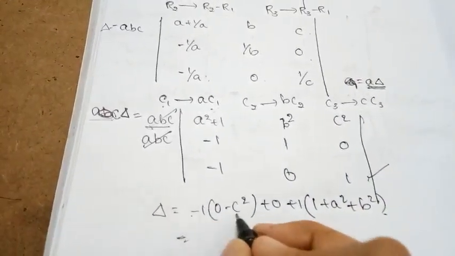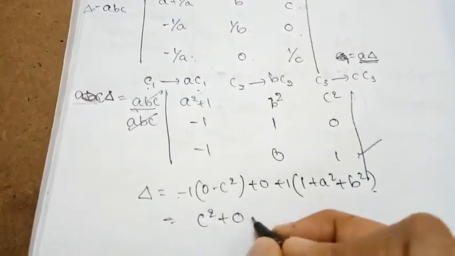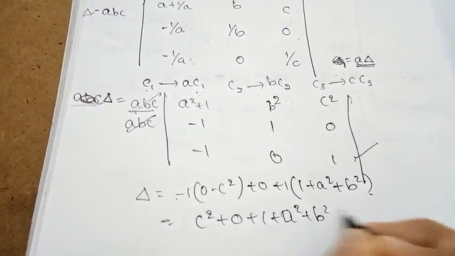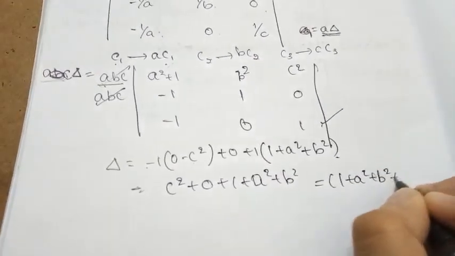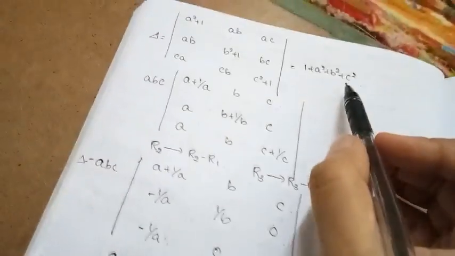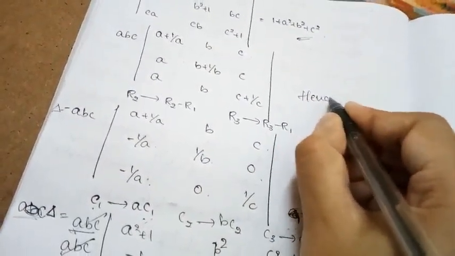So minus 1 times minus c square plus 0, plus 1 times 1 plus a square plus b square, that is nothing but 1 plus a square plus b square plus c square, which is our required RHS. Hence proved the result.